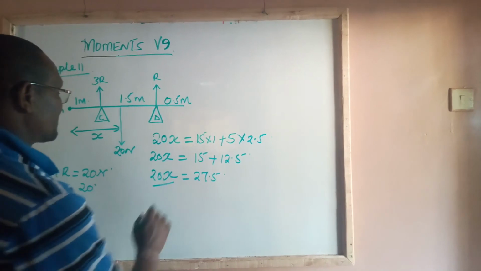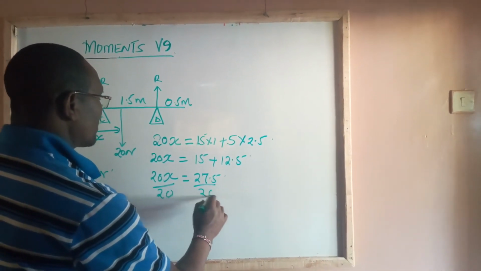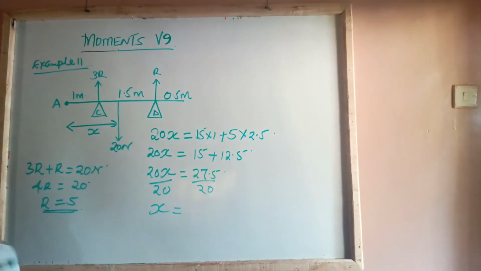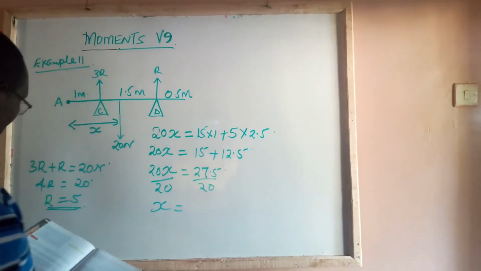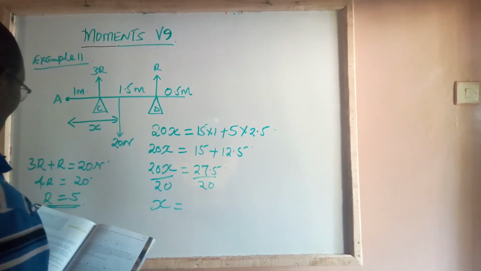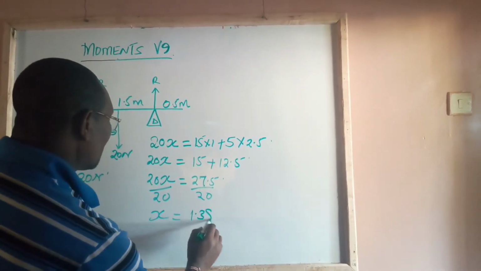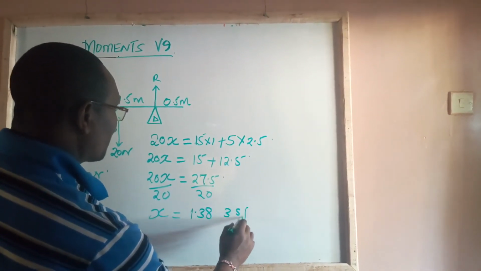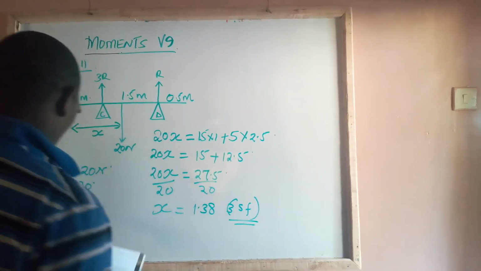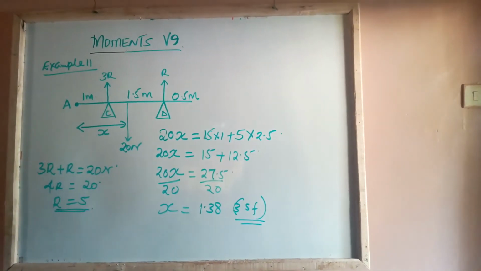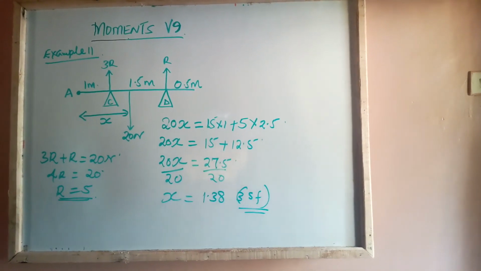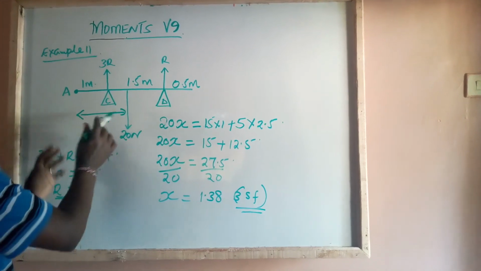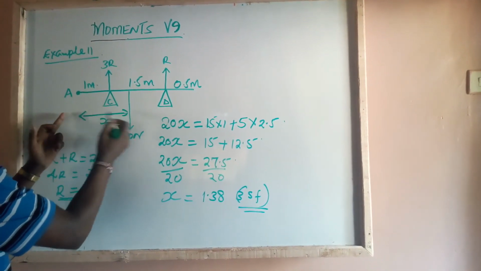If you divide both sides by 20, you'll find that x is going to be equal to 1.38. This is to 3 significant figures. 1.38 meters to 3 significant figures. So the center of mass is 1.38 meters from point A, because absolutely this is the value of x.